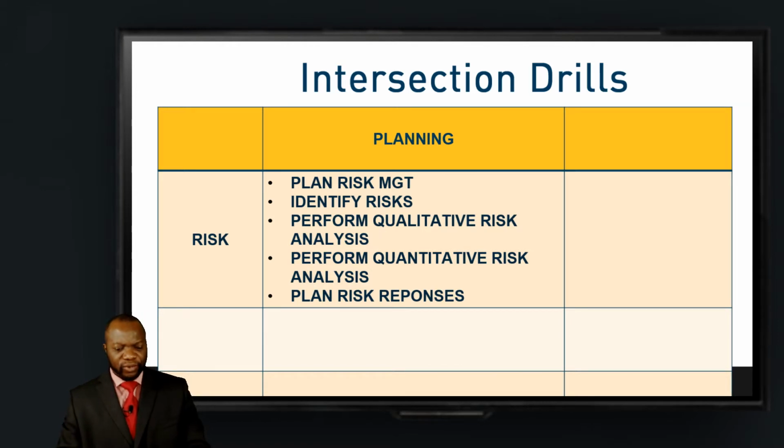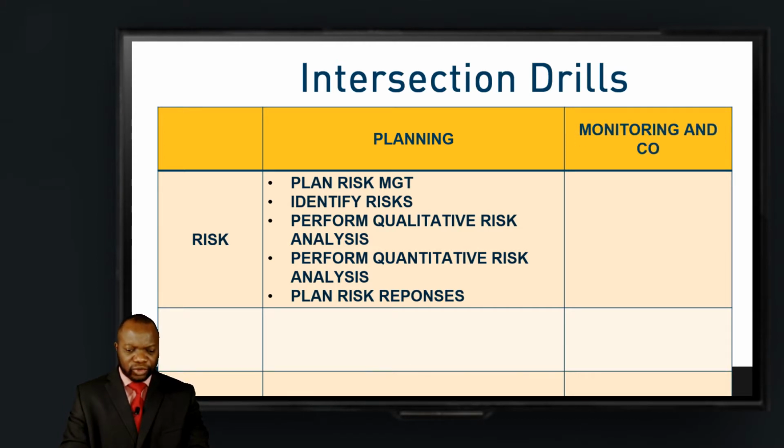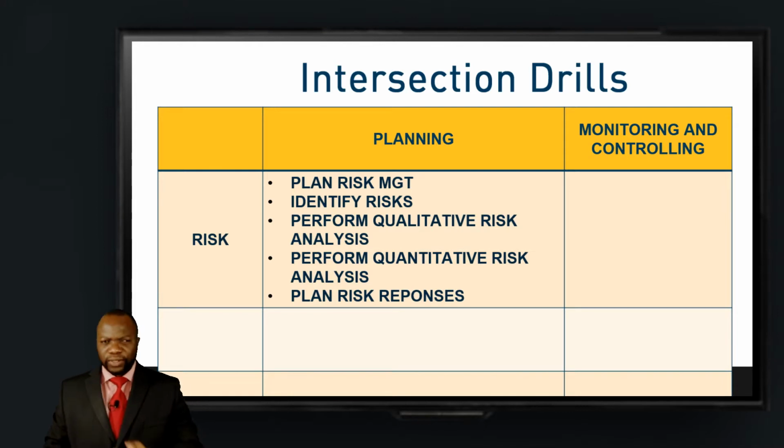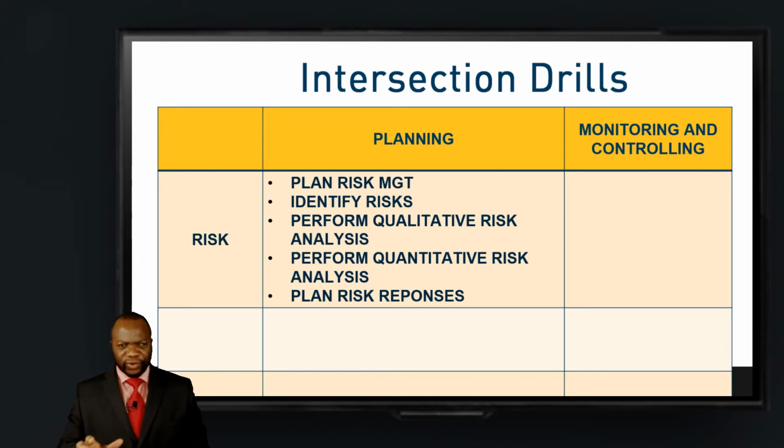The next intersection point I want to challenge your memory on is the intersection of risk and monitoring and controlling. Let's not talk about executing for now. Let's focus on these two. Okay?